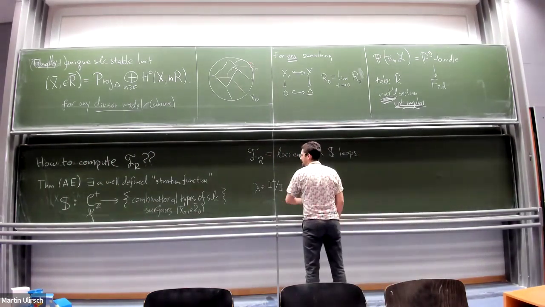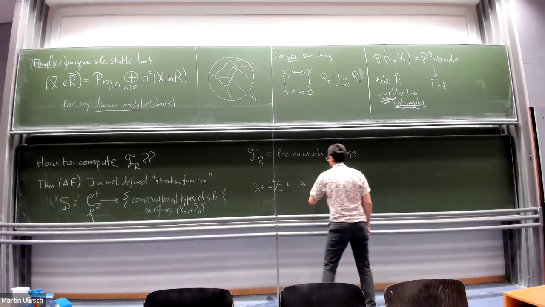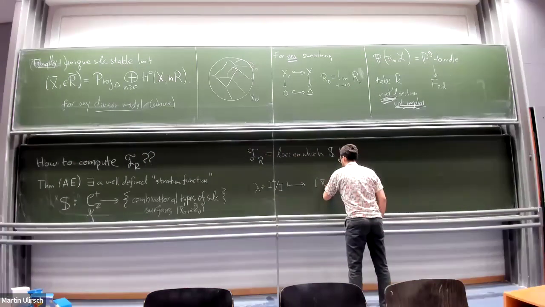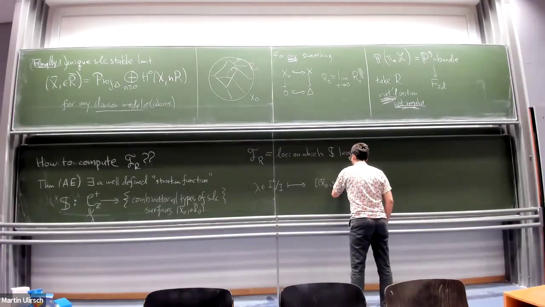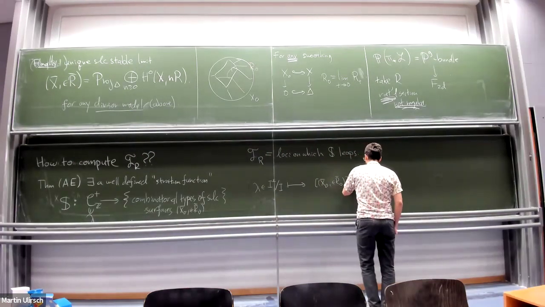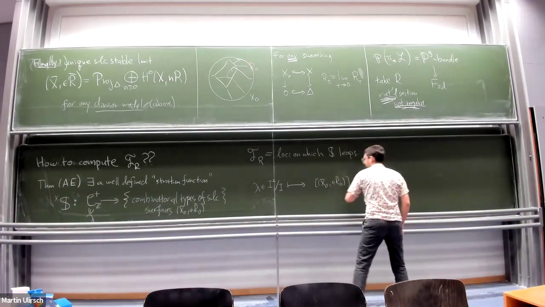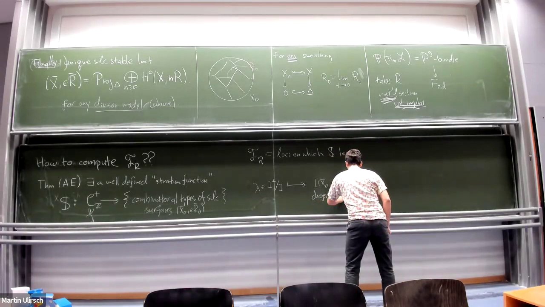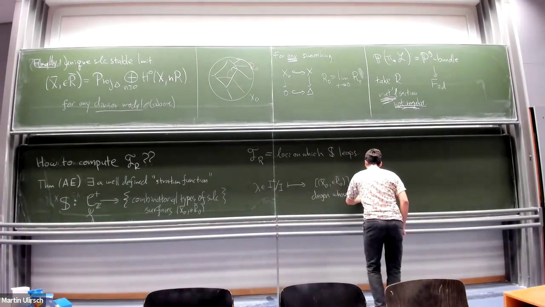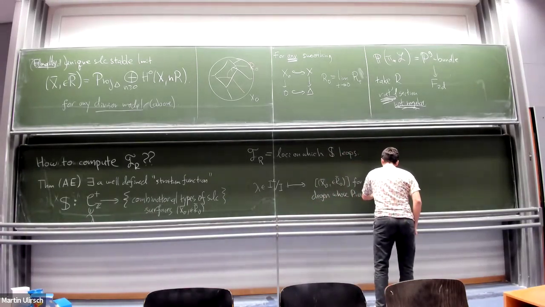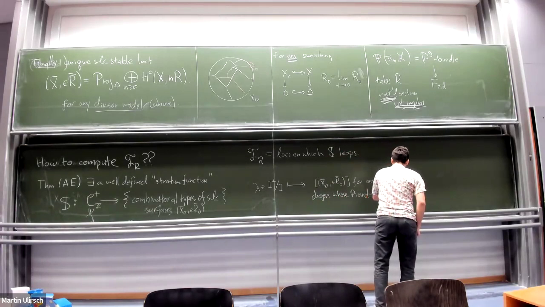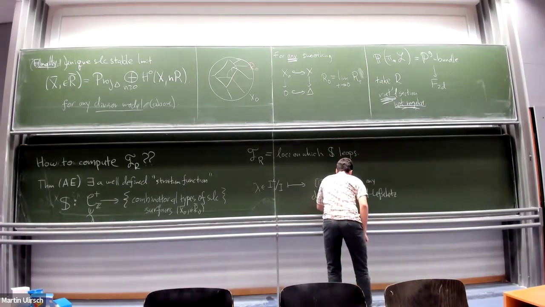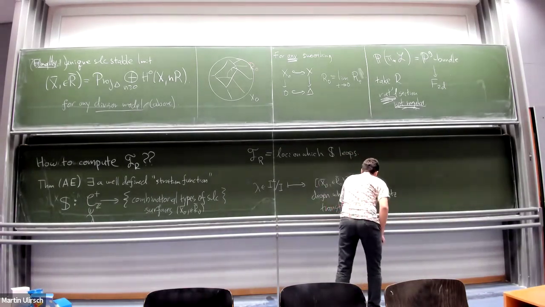What I do is take a lambda and map it to the type of X naught bar, epsilon, R naught bar, for any degeneration whose Picard-Lefschetz transform corresponds to lambda.